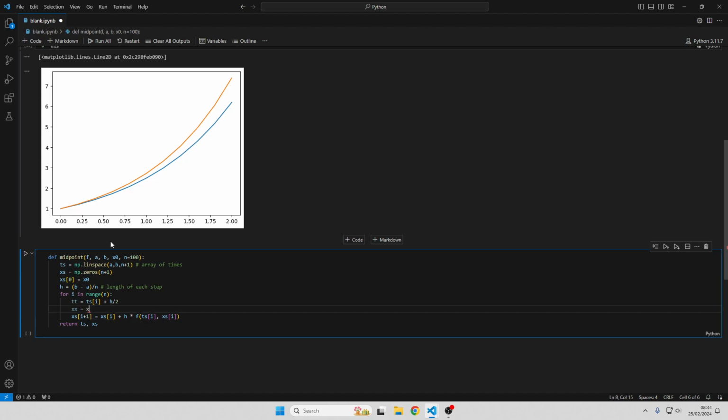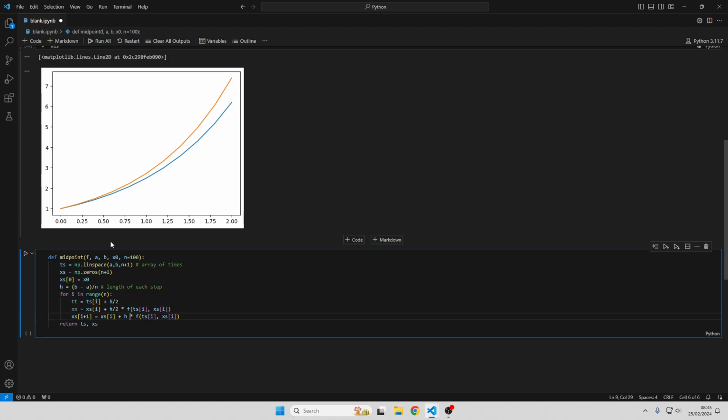We just take our old value of x, and that's a guess at the value of x at the middle of the time step, based on the Euler method. And the Euler method, as we said, is not so great, but for current purposes it's okay.